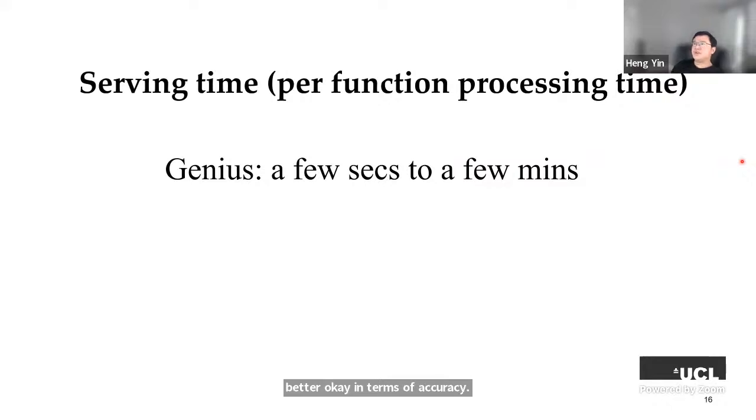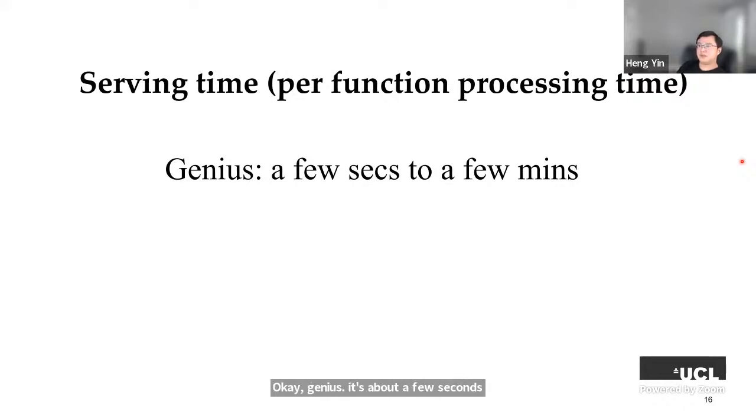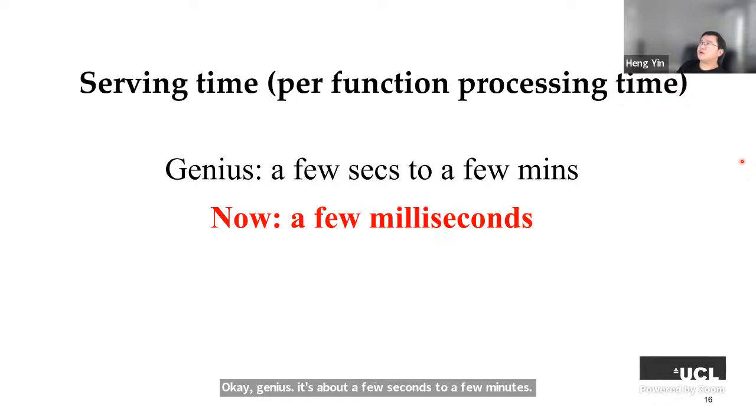Serving time, which is the embedding generation time: Genius takes about a few seconds to a few minutes for one function, depending on how large the function is. With this deep learning approach, it's only a few milliseconds.